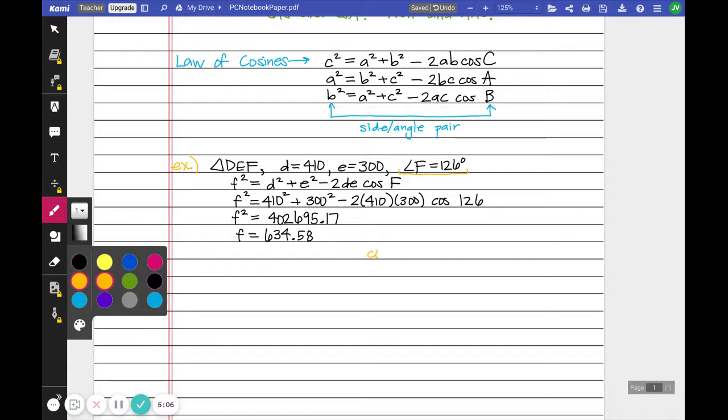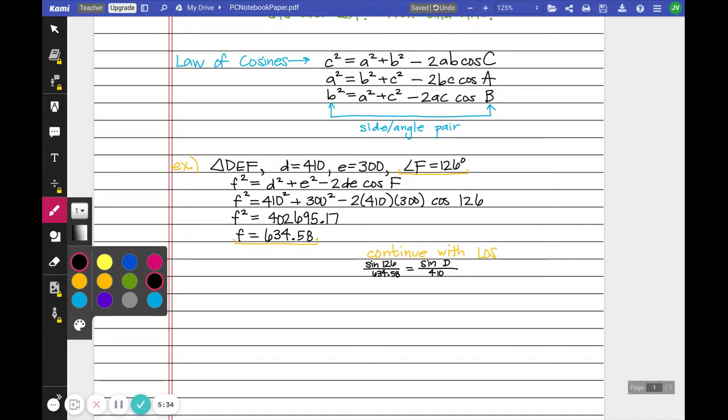So we're going to continue with the law of sines, because now we know angle F and we know side F. Sine 126 over 634.58 equals sine D over 410.